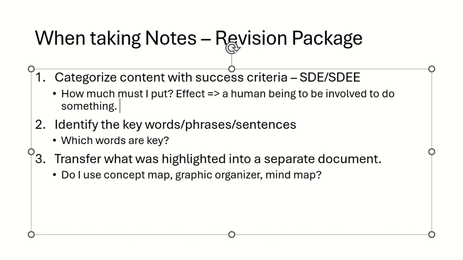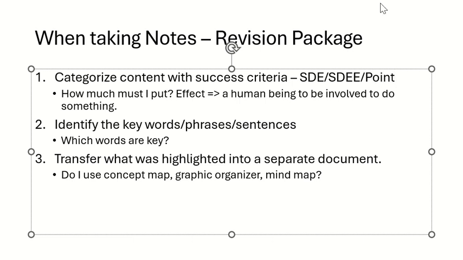Volcano, when the formation happens, there is no human involved. So the SDE method does not suffice for this example. Okay, so you must be able to identify which content need effect, which content need SDE, which content just need point form. Okay, so you must understand that.